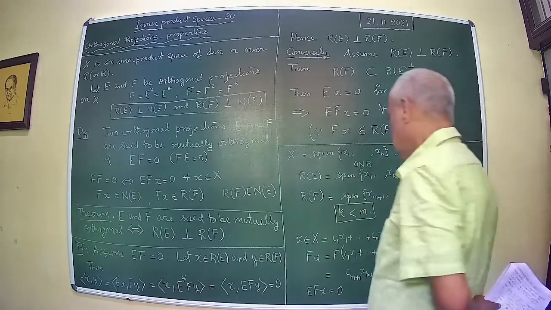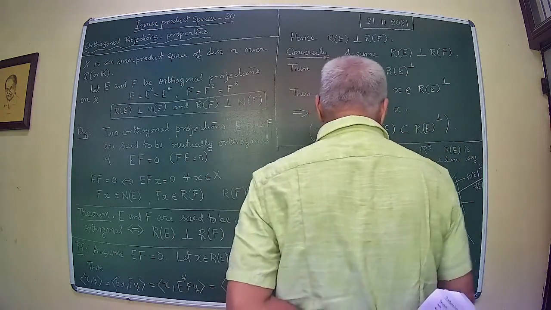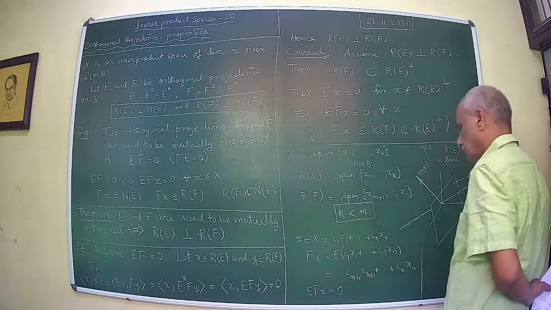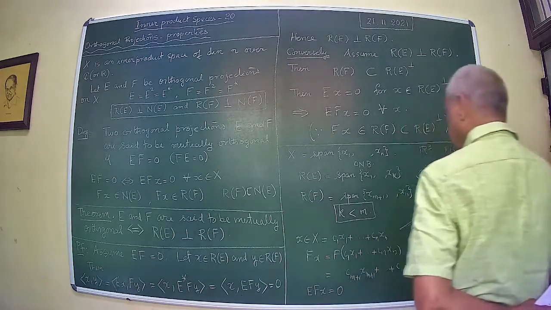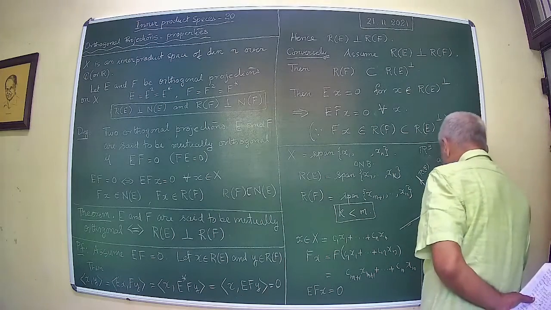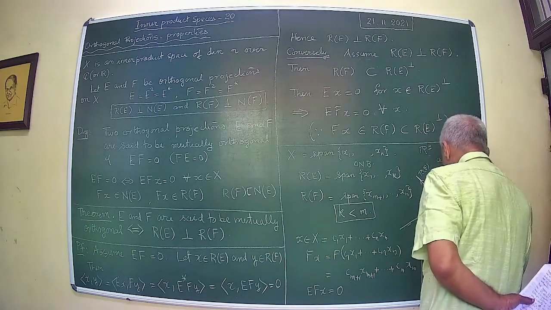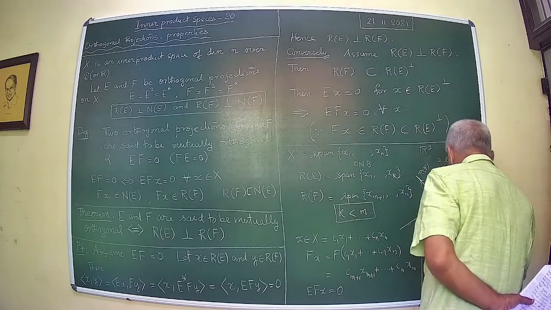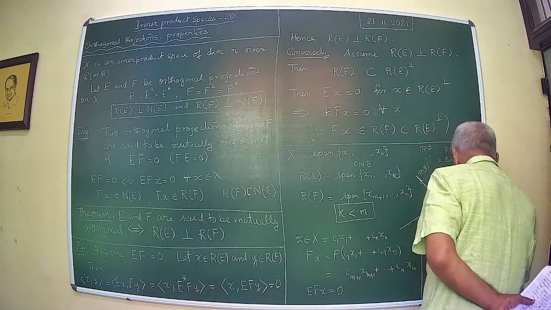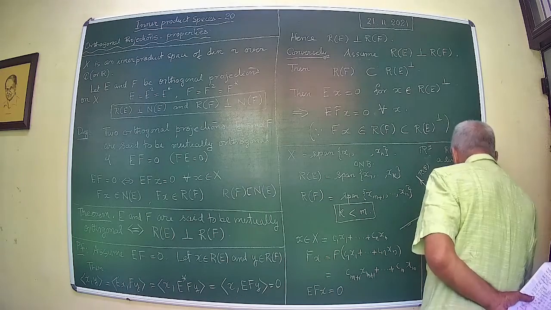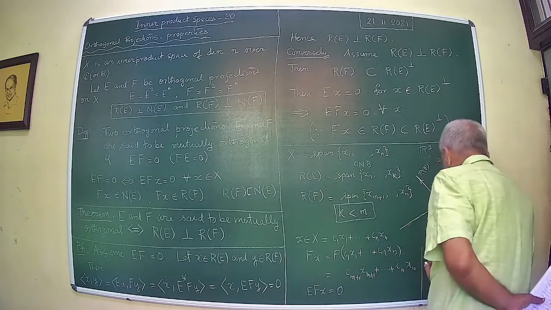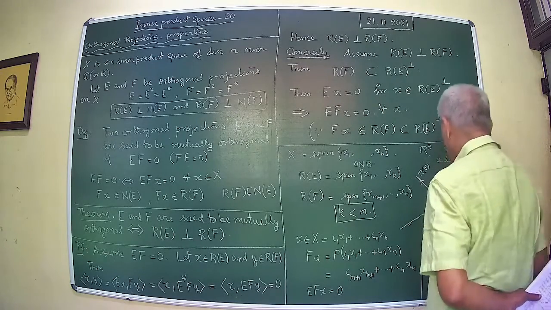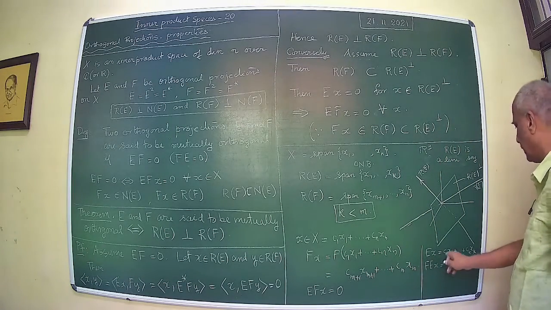On the other hand, let us work with FE. E of x, now you write F of E of x.